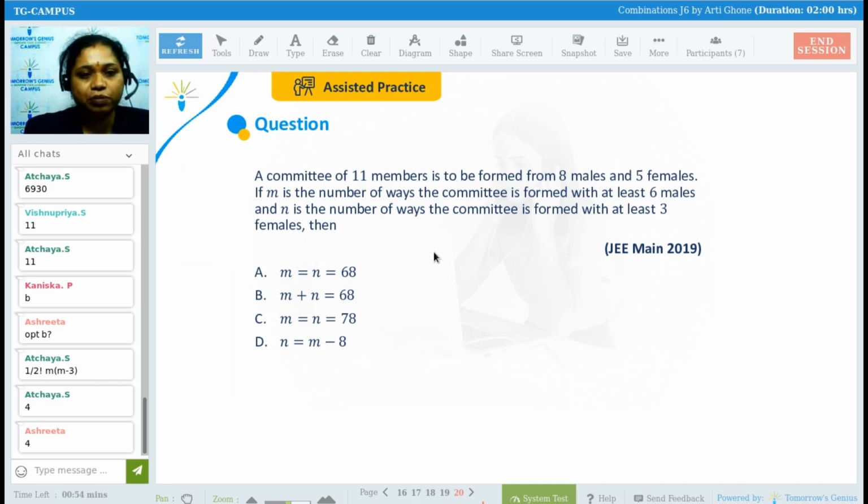Now see, a committee of 11 members is formed. It is a JEE Mains 2019 question.